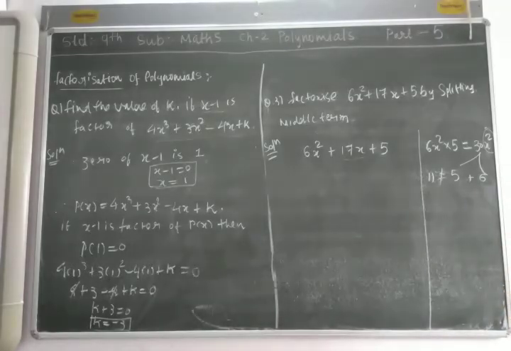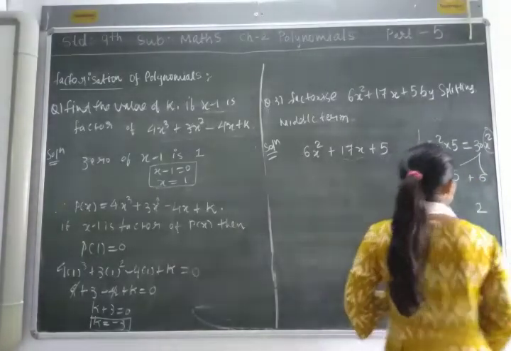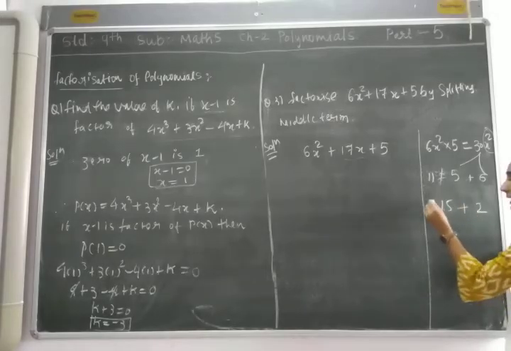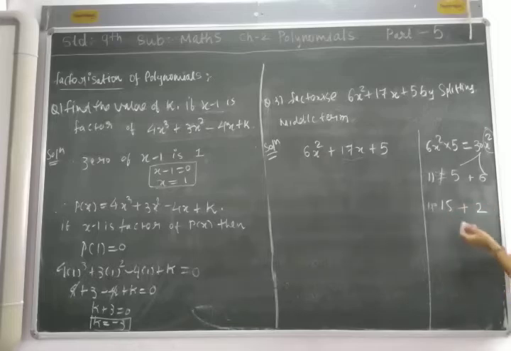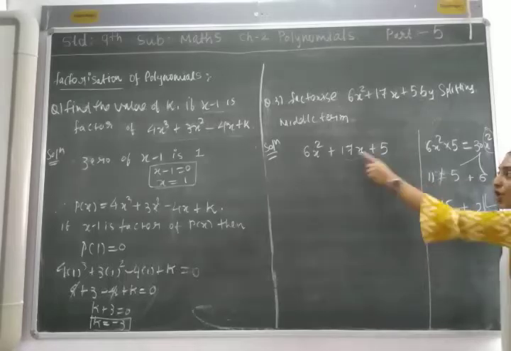Try another one: 15 and 2. Now sum this one, I am getting 17. Yes. So we are going to take these factors of 30. We are not taking the other one because when I sum it, I am getting 11, not 17.